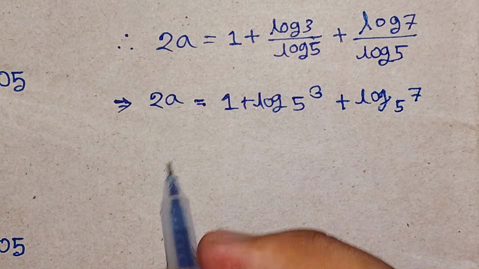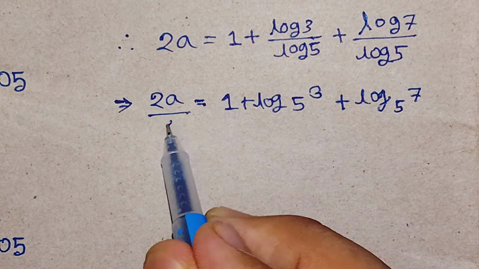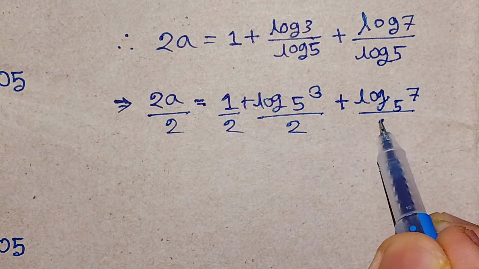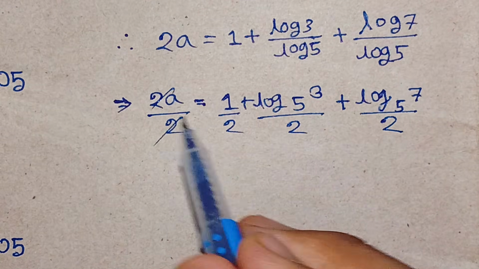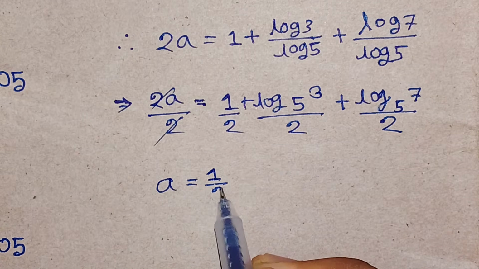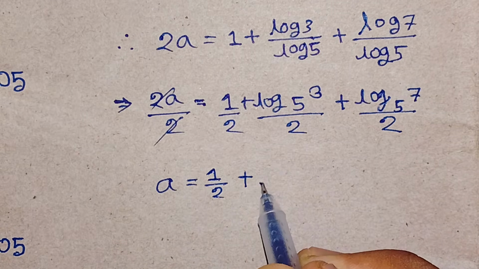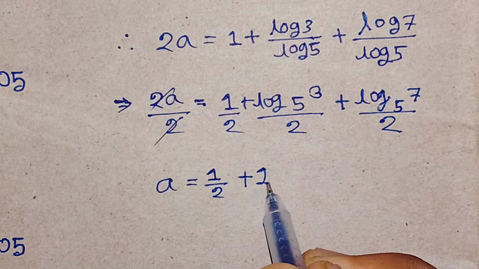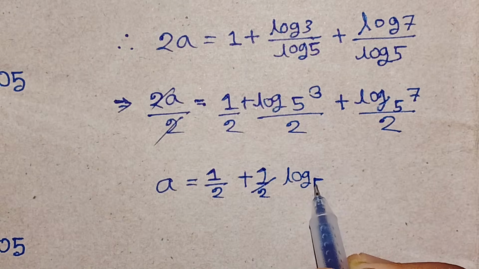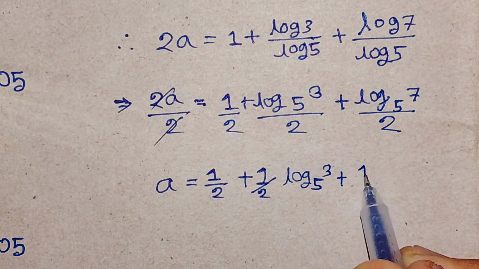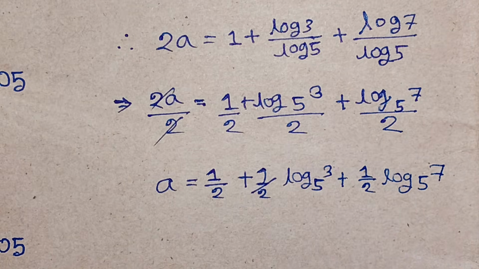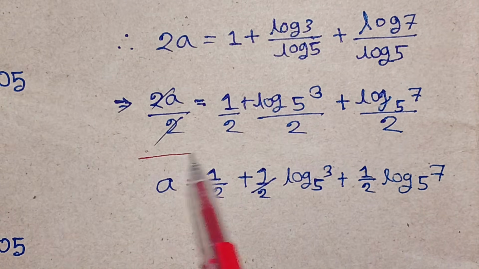So now dividing both sides by 2, we'll get the single value of a on the left side. After dividing, we'll get a is equal to 1 by 2 plus 1 by 2 times log 3 base 5, plus 1 by 2 times log 7 base 5.